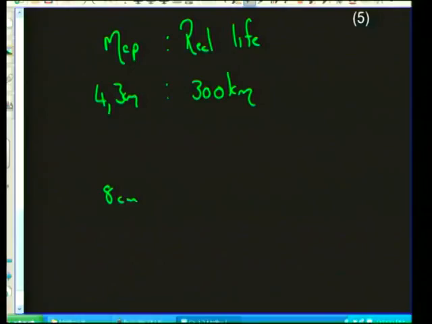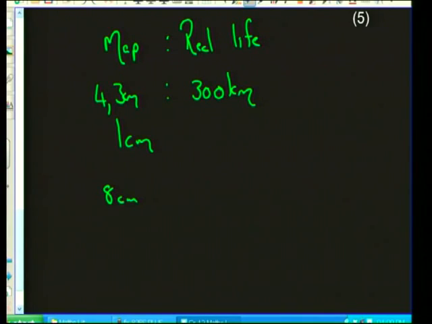Remember, 1's my magic number when it comes to maps and scales. Before you try and find out the distance of 8 centimeters or 20 centimeters or 100 centimeters, always try and find out the distance of 1 first. So I'm going to say, right, if I know 4,3 represents 300 kilometers, what does 1 centimeter on the map represent?